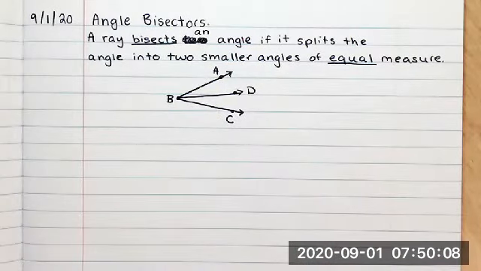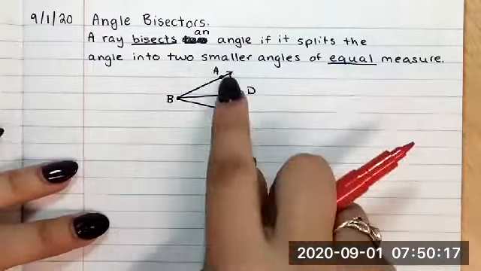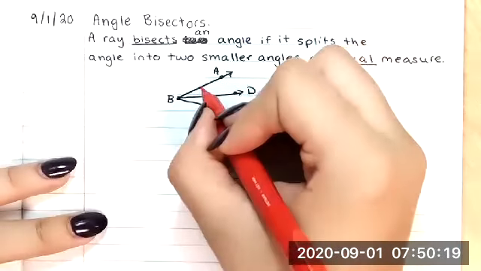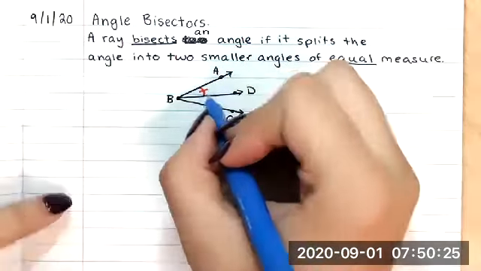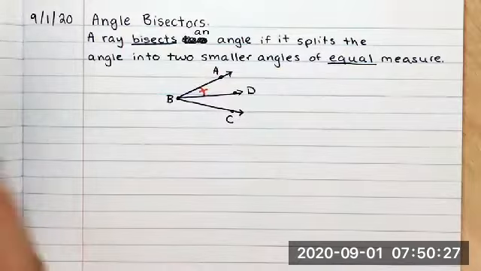So if ray BD bisects angle ABC, then that means that the two angles formed are going to be the same measure.